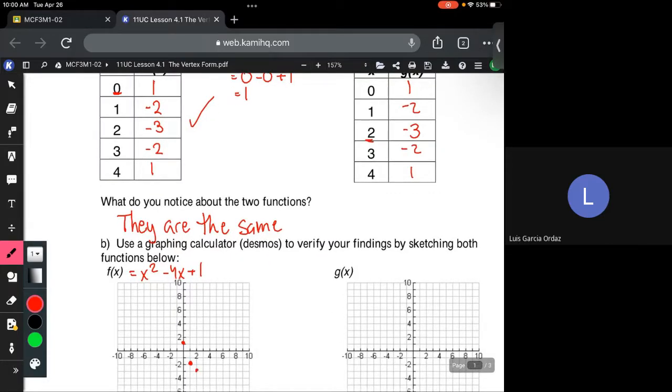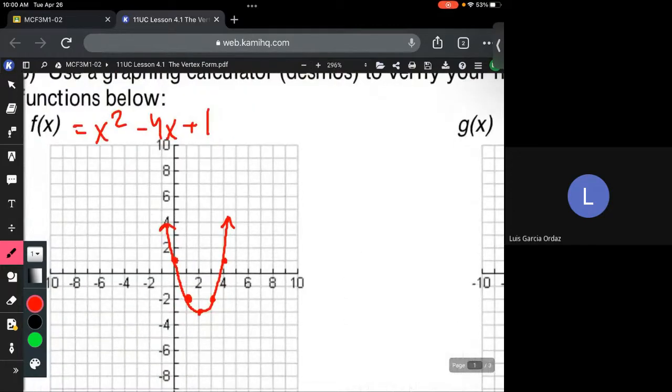And then after my axis of symmetry is where this is going to repeat. So my graph looks like this. We're just plotting the table of values we have. And our vertex form is going to be the same thing because it gave us the same table of values.